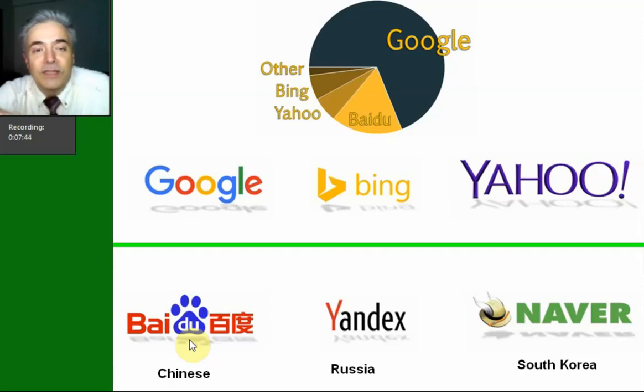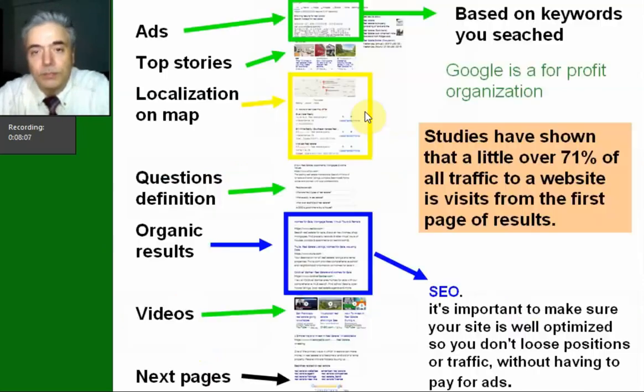Sometimes I find better things when I use Baidu because I'm here, right? But mostly people use Google, and it has the biggest share of the marketplace among all the search engines. So most people use Google.